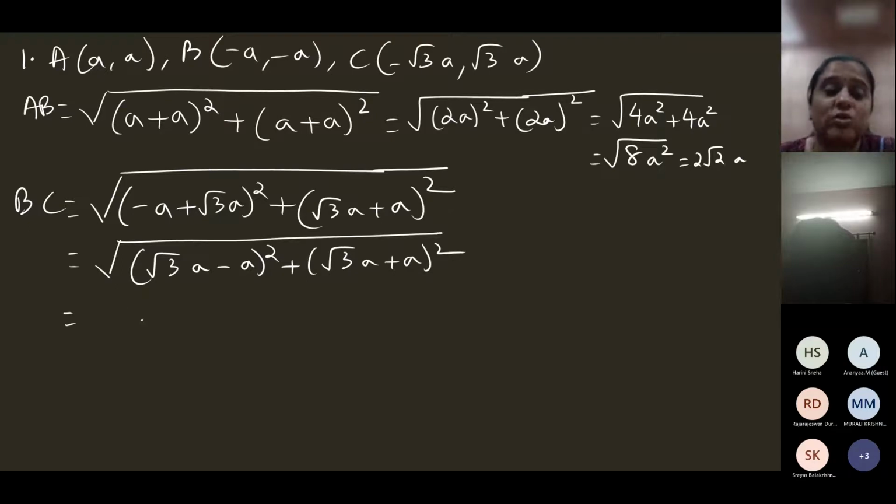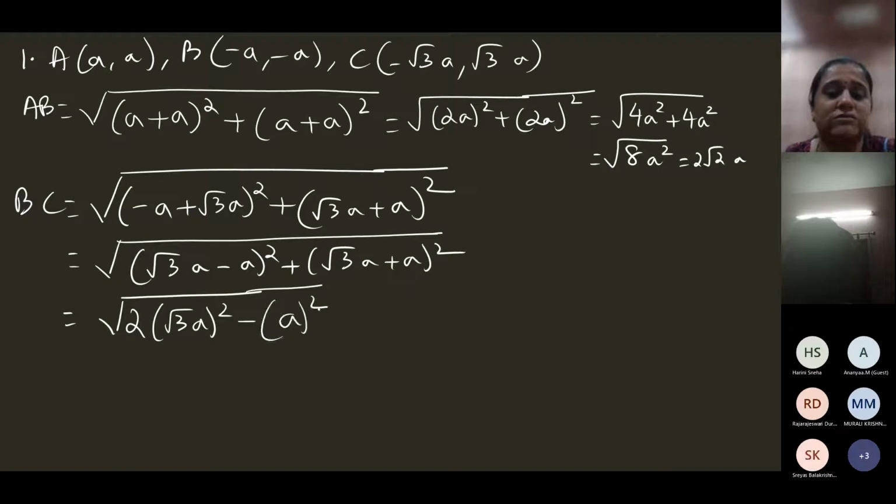So A minus B the whole square plus A plus B the whole square is equal to 2 of A square plus B square, that's an identity. Otherwise, you'll have to expand it, you'll get the same result.